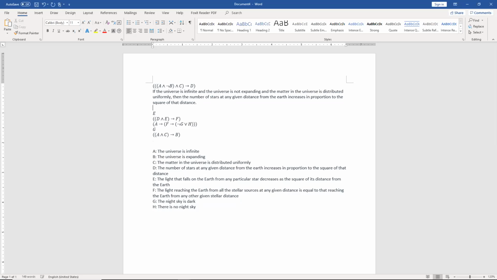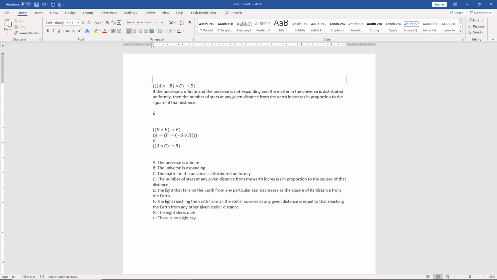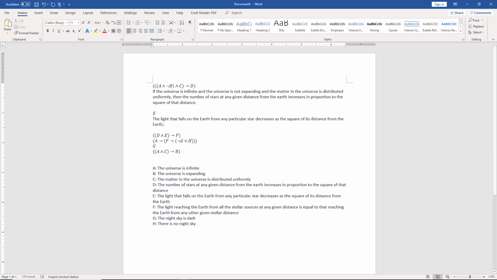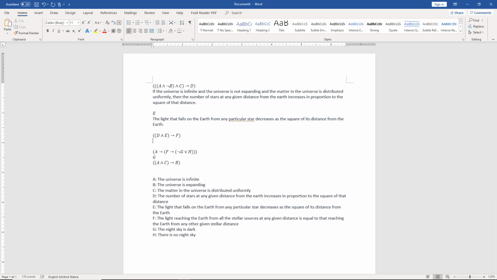All right, so that's premise 1. Premise 2, very easy. We can just copy and paste this. That's good. Premise 3. Oops, this should have a. So premise 3 is a conditional. If D and E, then F. So what we do, we want to make sure that the main connector of the English is conditional.